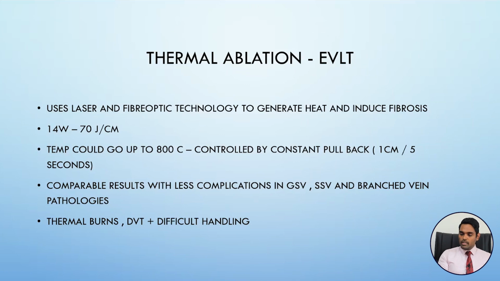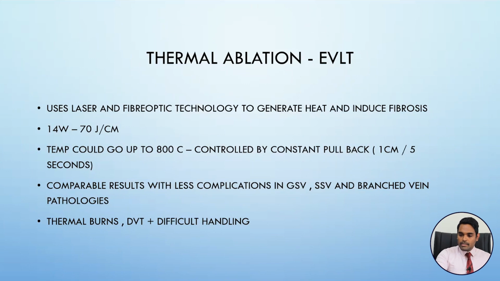That's what we do in EVLT. Results of EVLT: healing rates are almost the same as the surgery. Therefore now we hardly do surgery for varicose veins, but surgery is still there, but most of the time we can get away with doing EVLT.